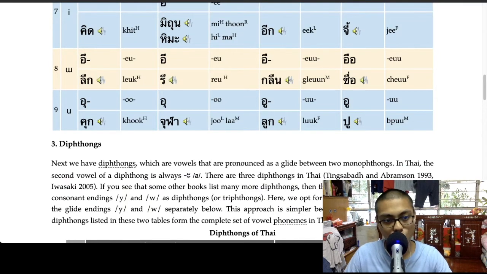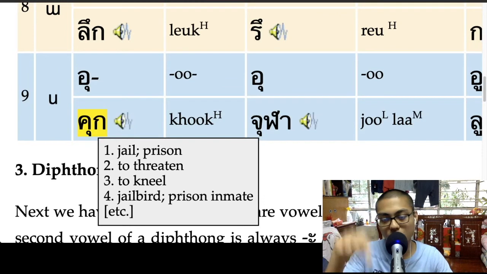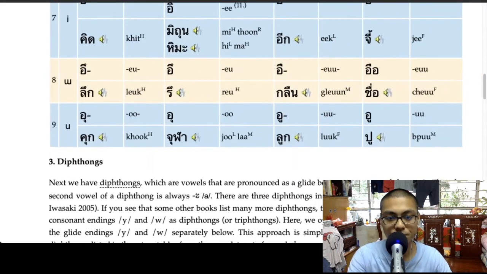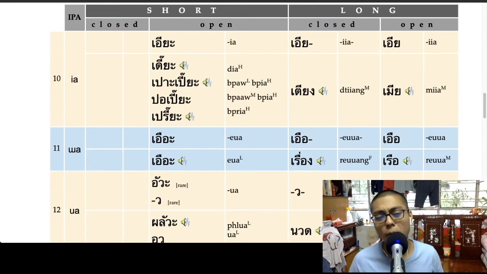See, this time the vowel is written below the consonant. Sala u. And then a little bit more complex vowels. Sala ia.